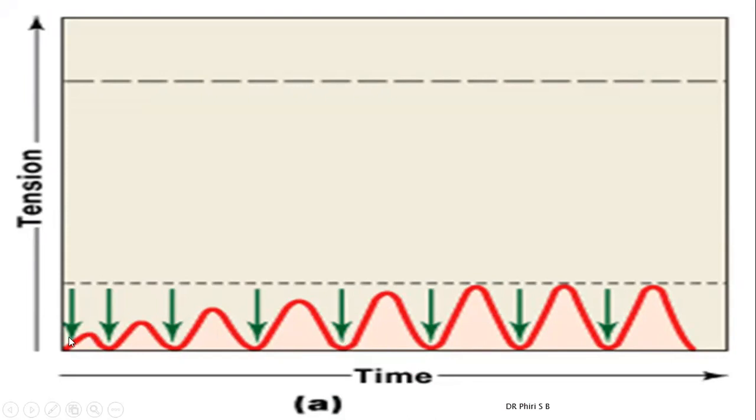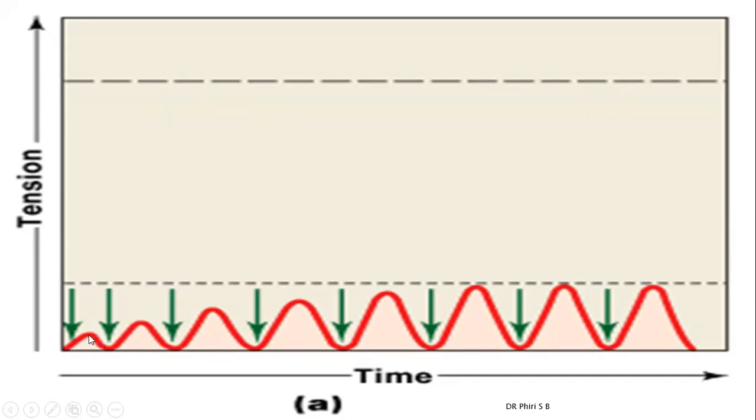So in between the muscle twitches, there's complete relaxation. During this period, it means that most of the calcium was pumped back to the sarcoplasmic reticulum. So the first stimulus tried to mobilize some calcium that brought about a muscle twitch, but this muscle twitch wasn't that strong because the concentration of calcium wasn't that much in the sarcoplasm.